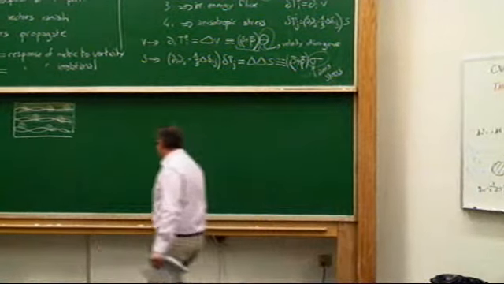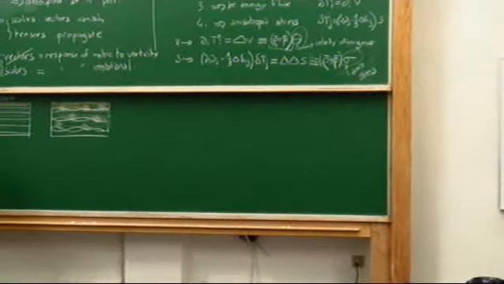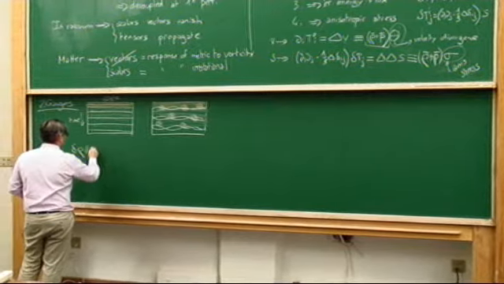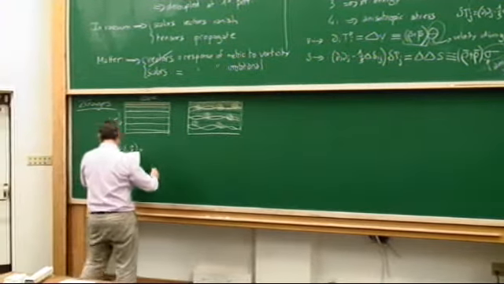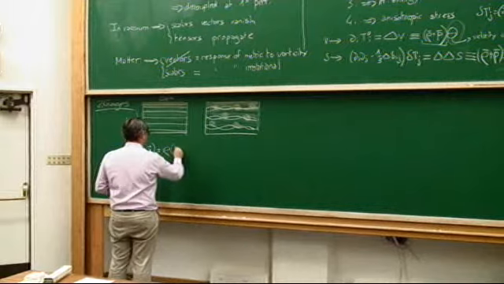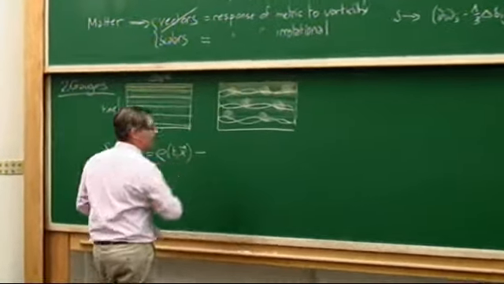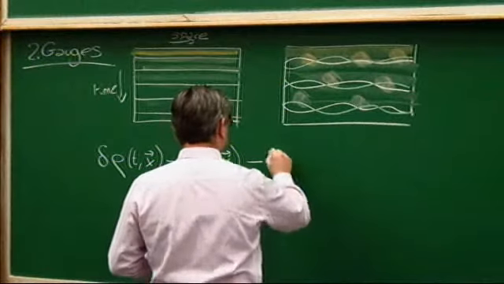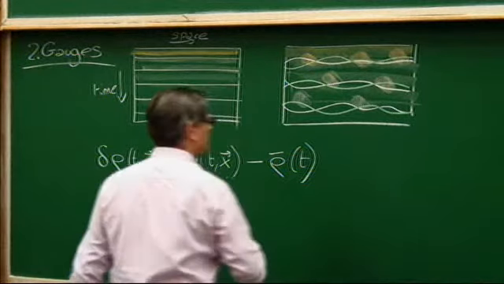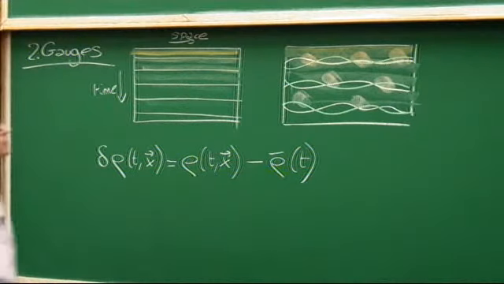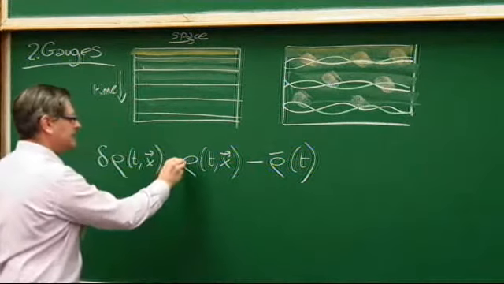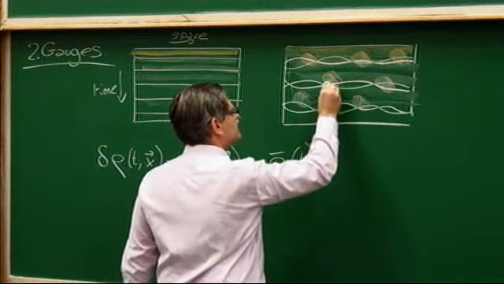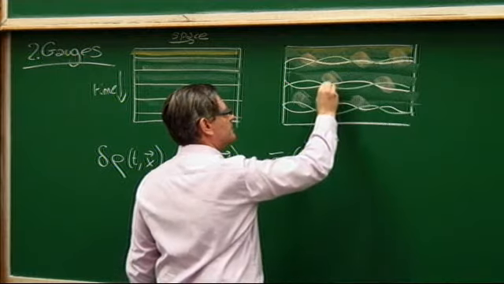Now, if you think of how a perturbation is defined, let me define the perturbation of a density, for instance, delta rho of (t, x), as the difference between the true density at a given point and its spatial average along one of these hypersurfaces. If I change my definition of the time slicing, this quantity is a true perturbation at one point. It will not change. Suppose, for instance, that I'm interested in delta rho at this point.